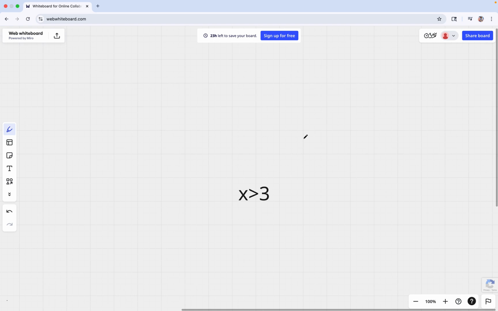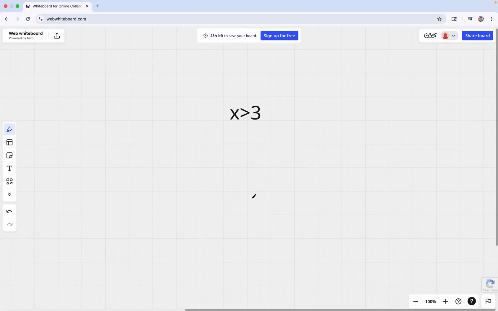Or if it was x is less than 3, anything below 3 all the way into the negatives is x, basically. And there's also less than or equal to, greater than or equal to, but we're not going through that today.